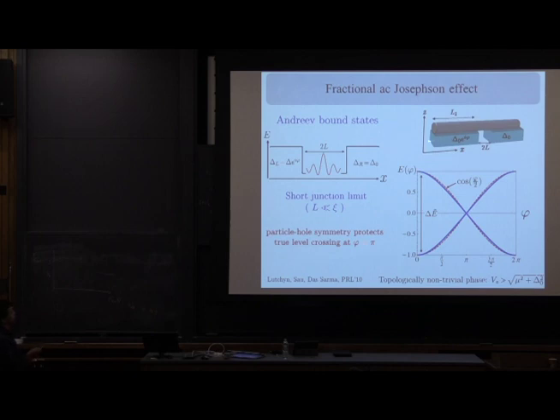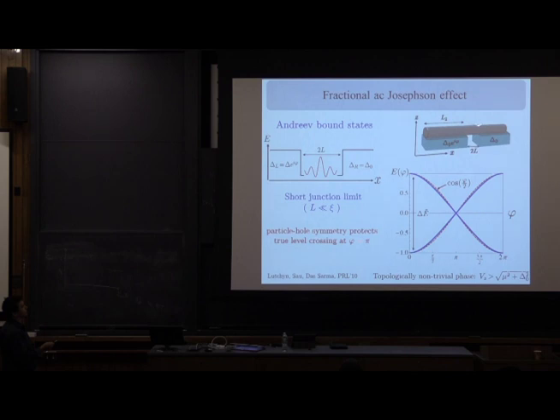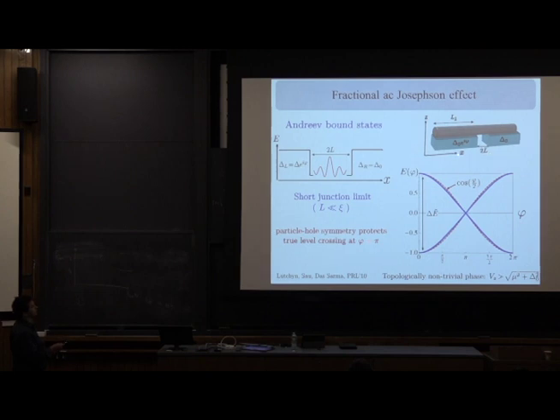You just take 2 Kitaev Majorana chains, assume that there is some phase difference between these chains, and assume that there is some normal wire, uncovered semiconductor wire in the middle, and just compute the spectrum of these Andreev bound states in this region. So in the topological phase, this is what one finds: the spectrum goes here, and then at this point, there is a true level crossing.